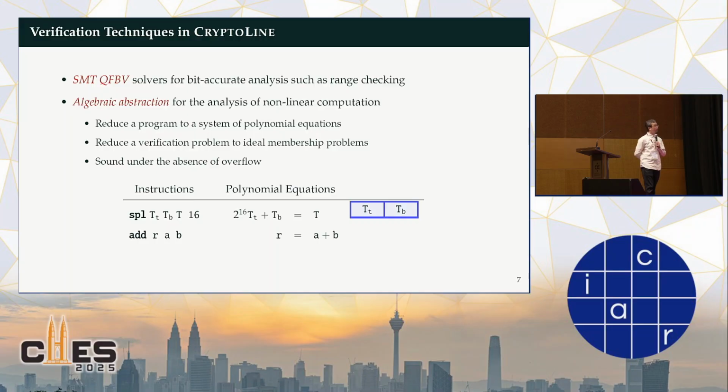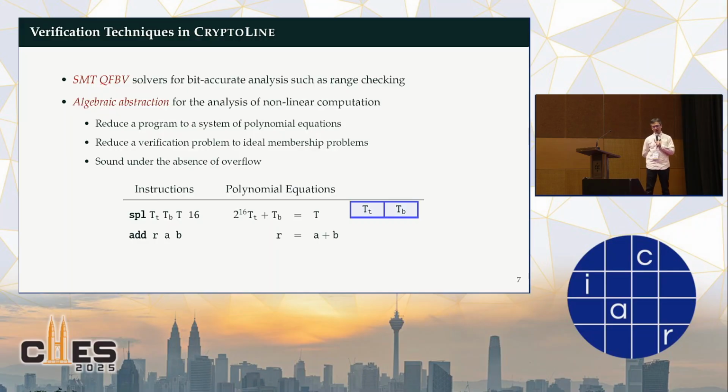The corresponding polynomial equation for this instruction is 2^16 * tt + tb = t. I think it's easy to see that a program execution of the instruction will correspond to a solution of the corresponding polynomial equation.